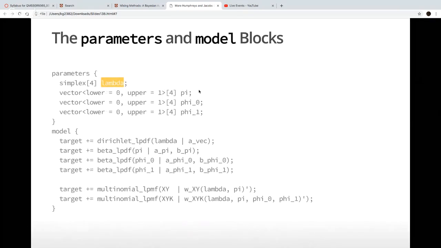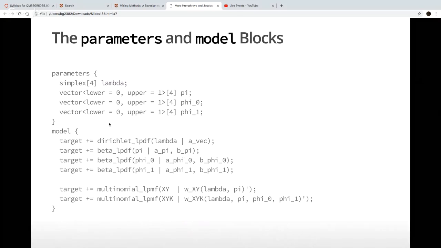So with Stan, all your symbols have to be unique. So we need some way of distinguishing these realizations from the prior from realizations from the posterior distribution conditional on the data we drew from the prior predictive distribution. So these are my parameters: lambda, the share of types, pi, phi0, phi1, the probability of observing the clues.